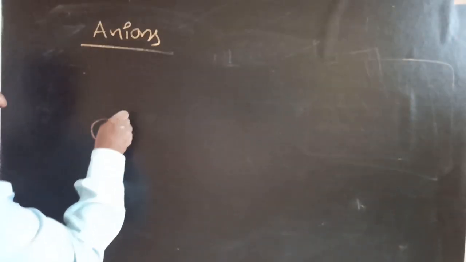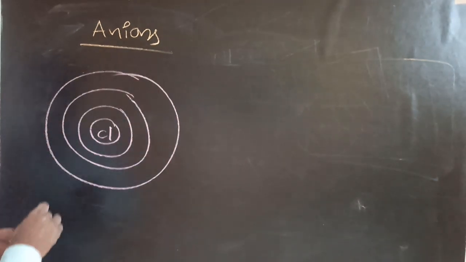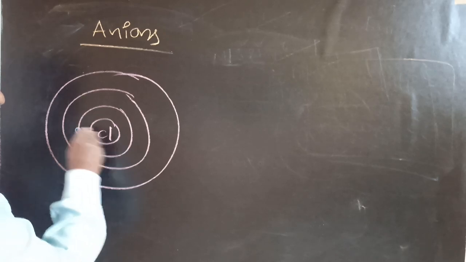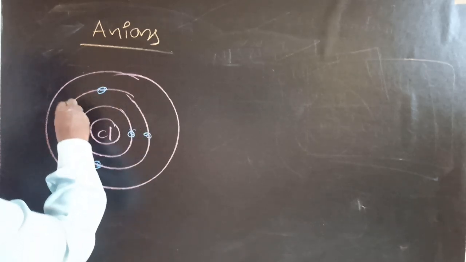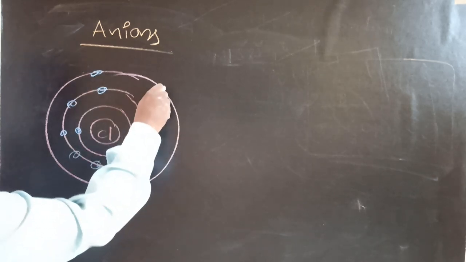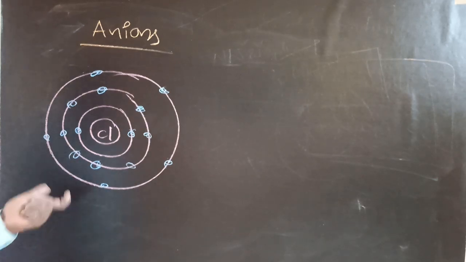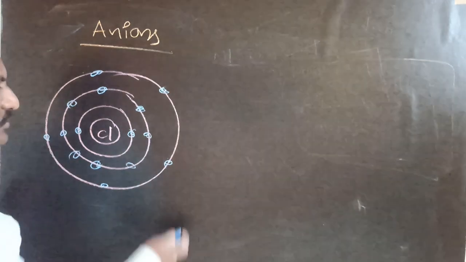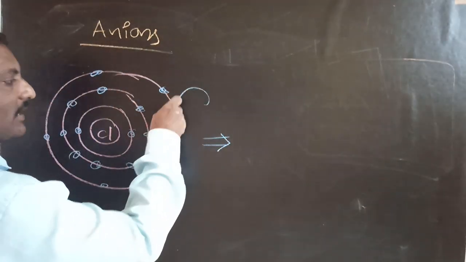First shell 2 electrons, second shell 8 electrons, third shell 7 electrons. So 17. To attain argon configuration, it should gain one more electron.